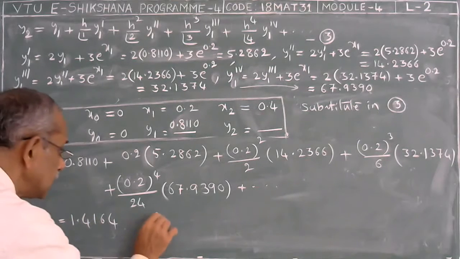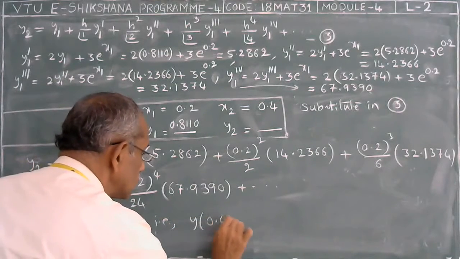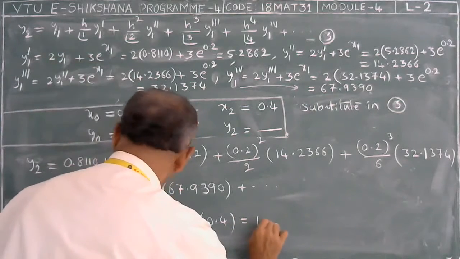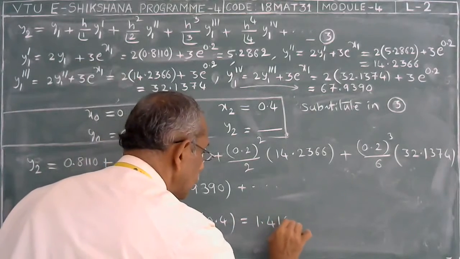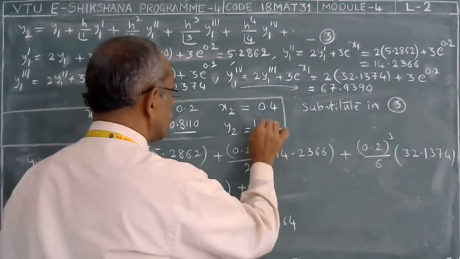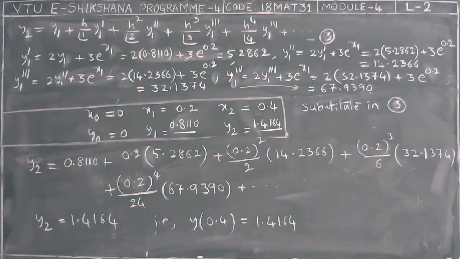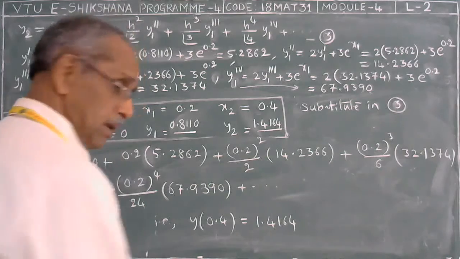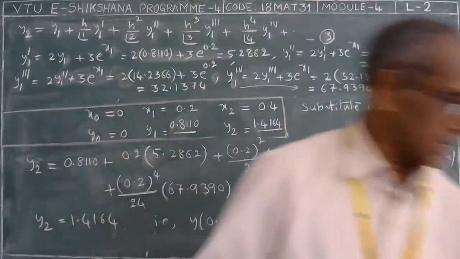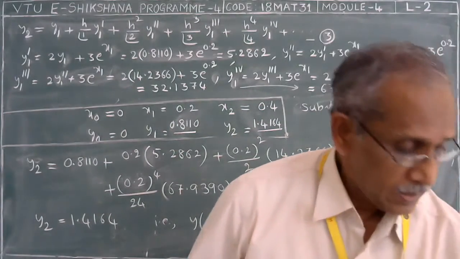So that is y at x is equal to x2, that is 0.4, is equal to 1.4164. So we got the value 1.4164. Okay. Now this completes the problem. So few more examples I think you will be able to find in my lecture notes, which will be circulated to you through our e-learning center.